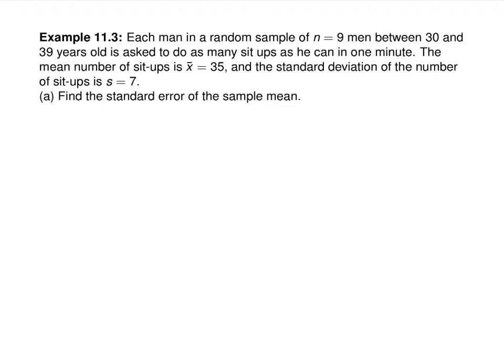Each man in a random sample of 9 men between 30 and 39 is asked to do as many sit-ups as they can in 1 minute. The mean number of sit-ups was 35, and the standard deviation was 7. So find the standard error of the sample mean. What's the formula for standard error of x bar? Standard deviation divided by the root sample size, exactly.